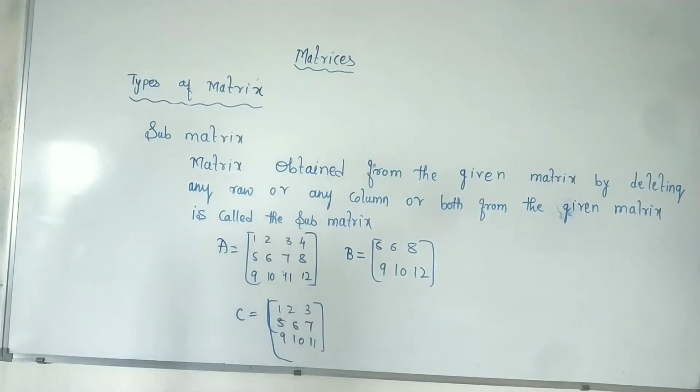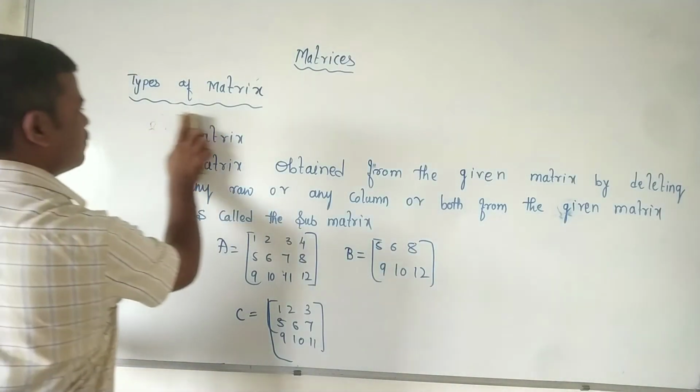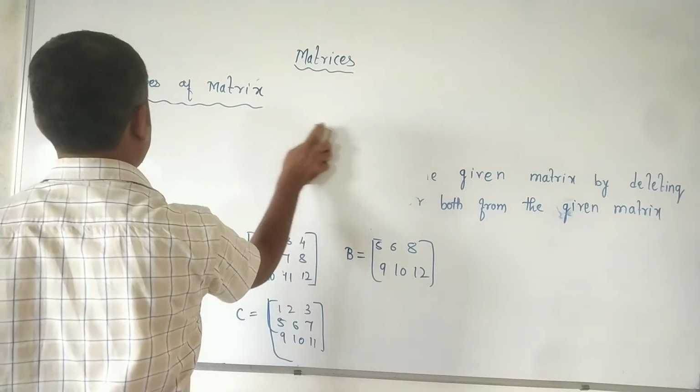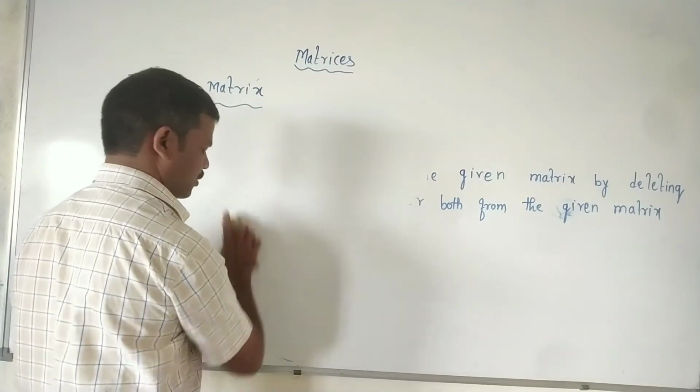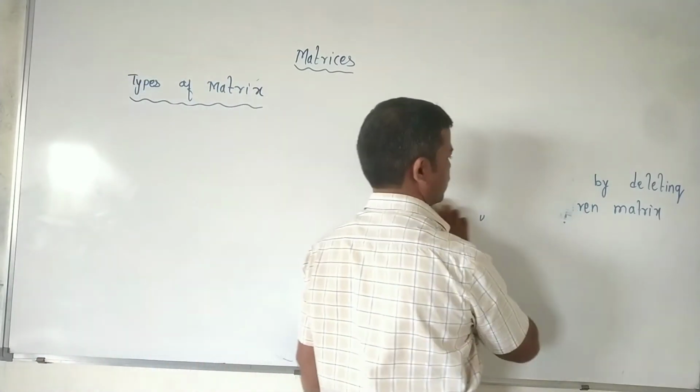Next we move to the minor of a matrix. Minor of a matrix means what? First we have to find the minor of a corresponding element.